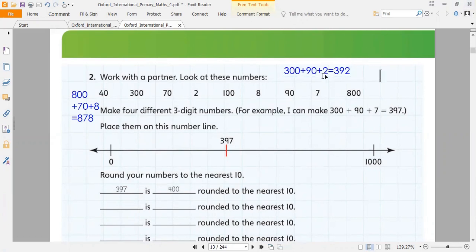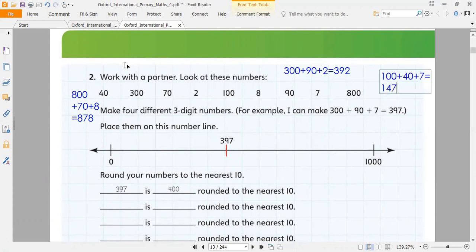Okay, this is the second number, and we will make another number, that is 100 plus 40 plus 7 is equal to 147.